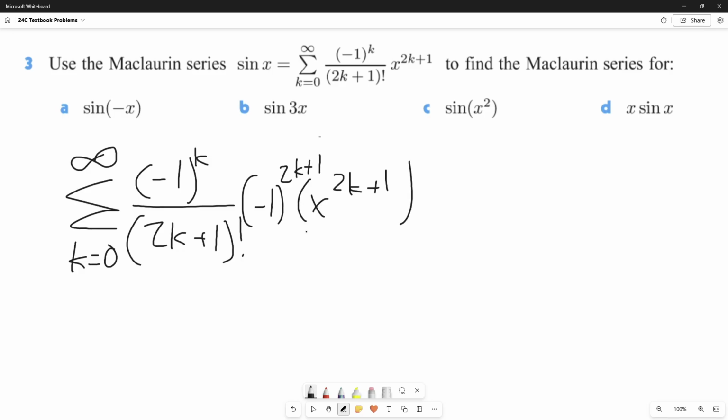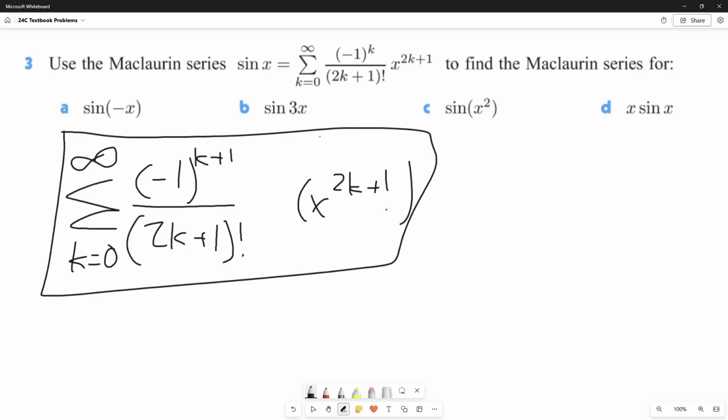And also, this can be simplified because you should know that negative 1 to the power of 2k plus 1 is negative 1 to the power of 2k times negative 1 to the power of 1. And whenever negative 1 has an even power, like 2, 4, 6, 8, it's always going to be 1. So we can just get rid of this 2k because it's not doing anything. So it's negative 1 to the power of 1, which means that the negative 1 to the power of k here can just be turned into k plus 1. And then imagine this is more to the left. I'm too lazy to redraw it, but that's your answer for part A.